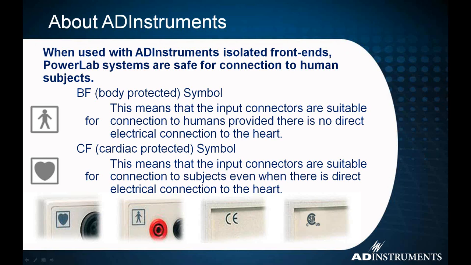These are telling you it's okay to connect this device to a human being. So for actual connection to humans where there is no direct electrical connection to the heart, you'll see this on our isolated stimulators, on our bioamps, and a few other devices. I believe only the blood pressure amp provides the cardiac protection symbol right now, but there may be a few other ones out there that I'm missing.